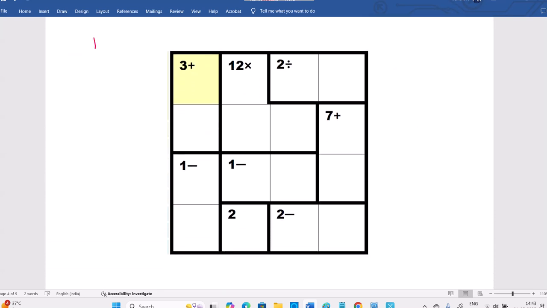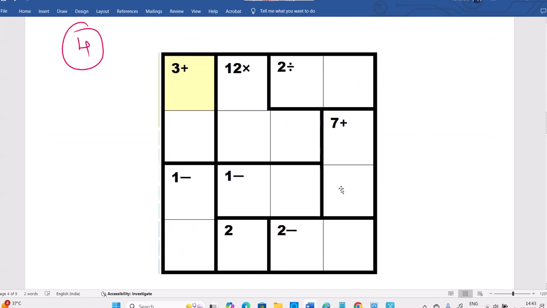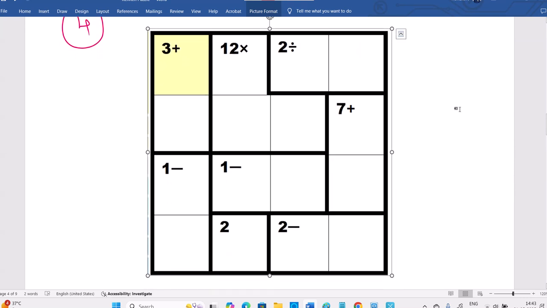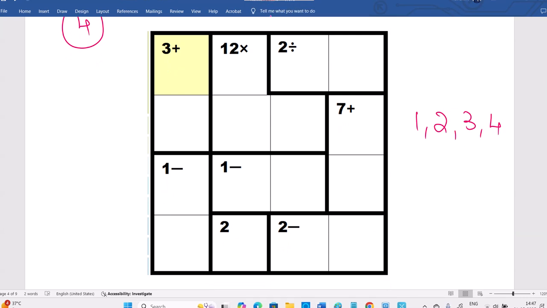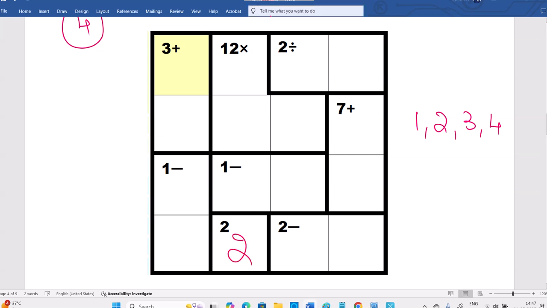Now 4 by 4 matrix. That is something people can learn. So what values are allowed? 1, 2, 3, 4. Allowed are 1, 2, 3, 4. Now if you look into this question, direct clue is 2 is already there. Now in that row, 1, 3 and 4 are possible.